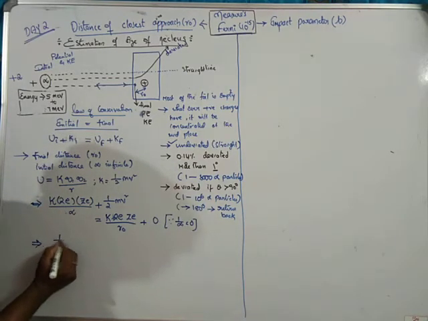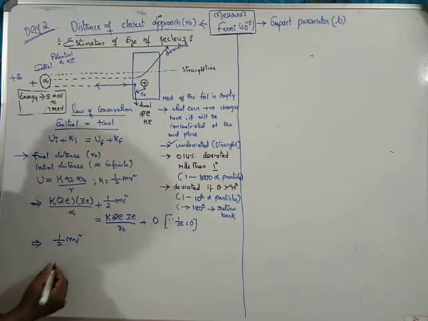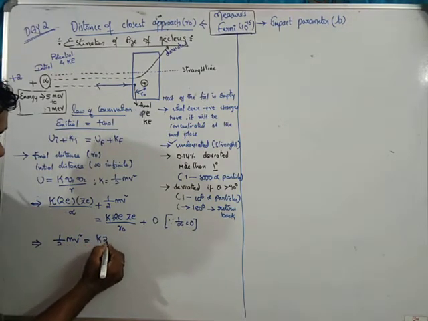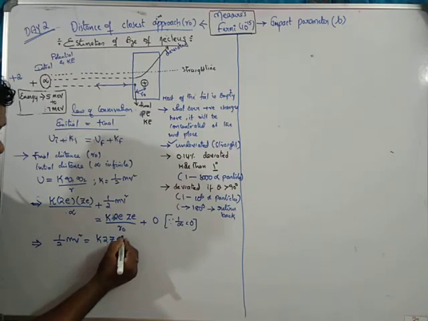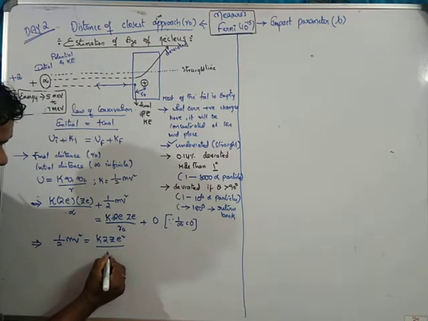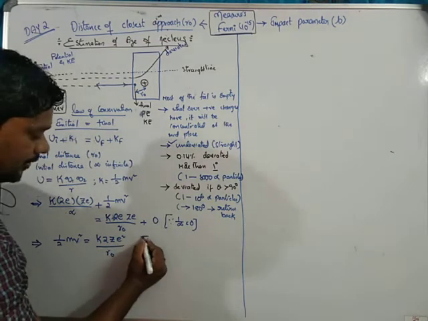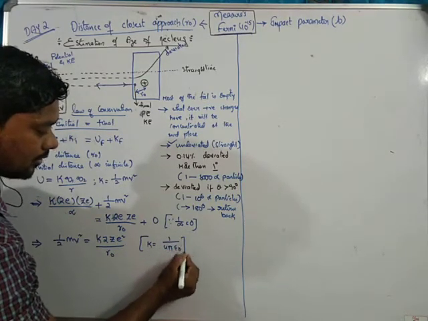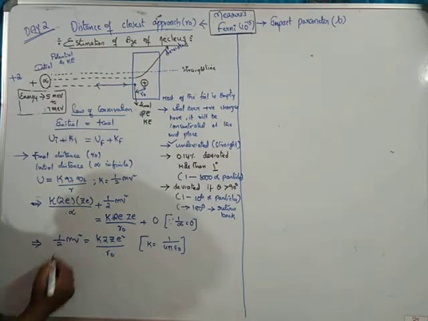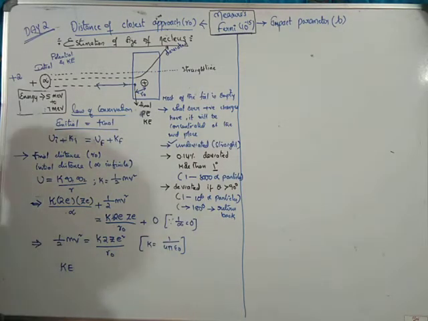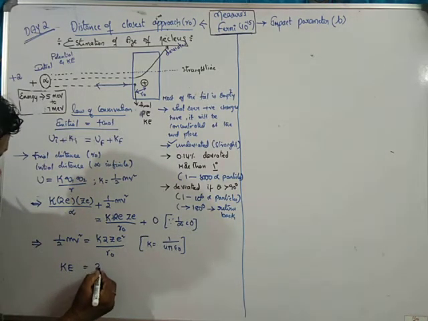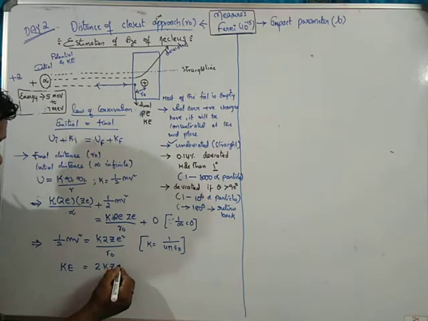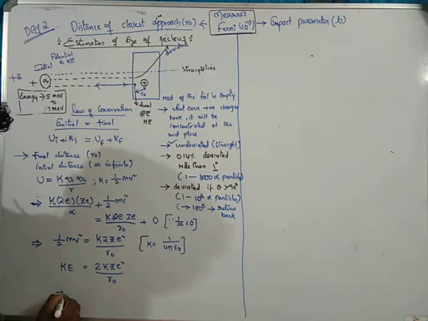Now the rest we have: half m v square is equal to k into 2 Z e square divided by r naught. And the value of k is 1 by 4 pi epsilon naught. By substituting those values, we can consider this as the kinetic energy, half mv square. Kinetic energy is equal to 2 into k Z e square divided by r naught. But we want to calculate the value of r naught.